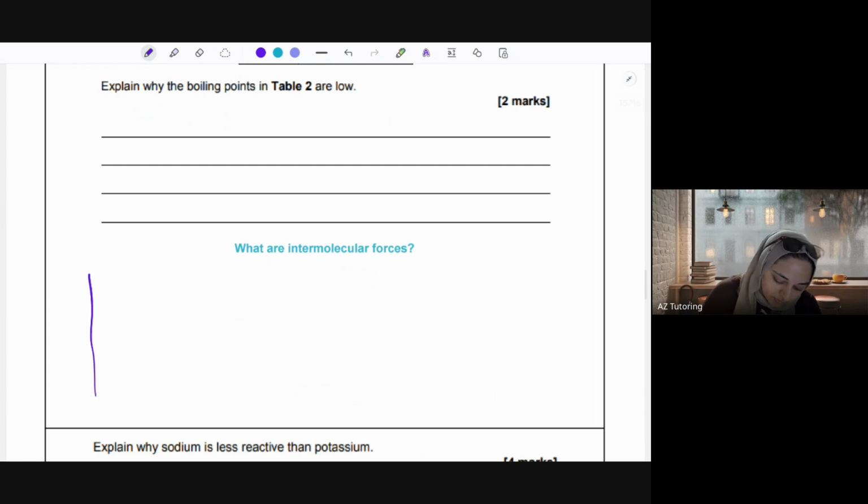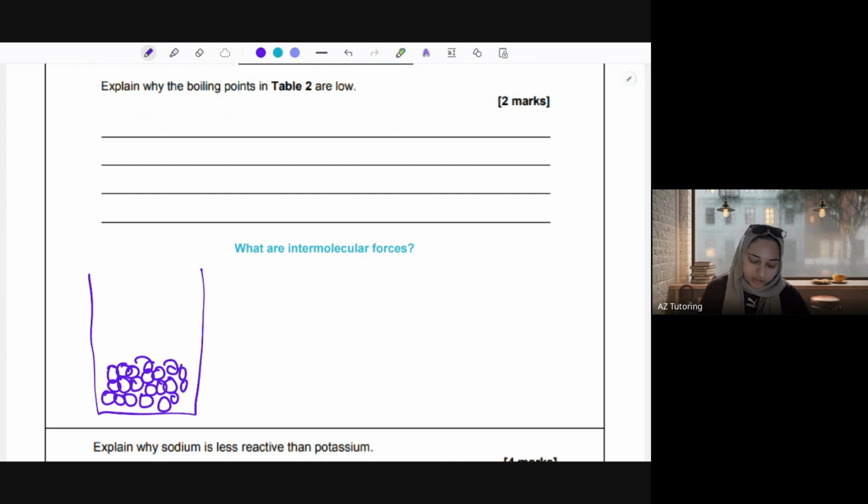Now let's imagine you've got a glass of water, and in that glass of water, you're going to have loads of H2O particles. You're not just going to have 1 or 2, you're going to have loads in a bottle of water, so they're all H2O. Now, them H2O molecules all need to be joined together by something, and what joins them together are intermolecular forces.